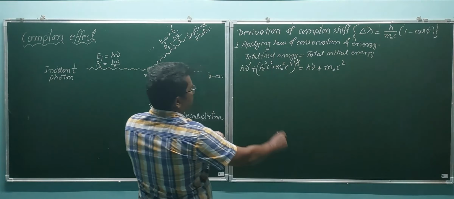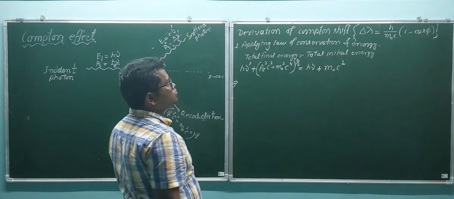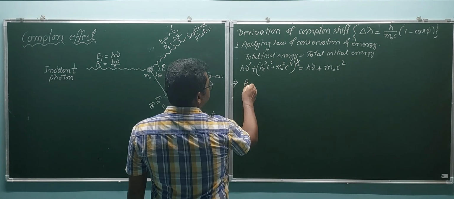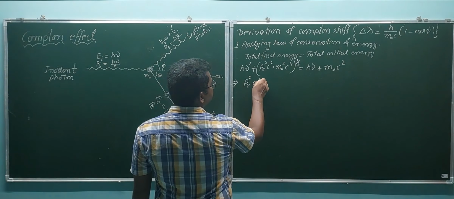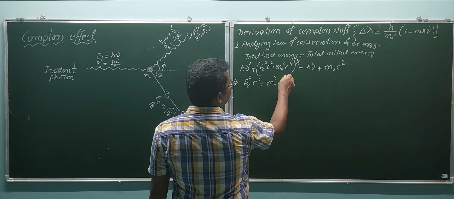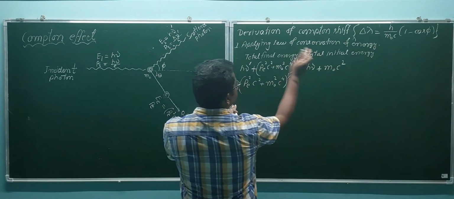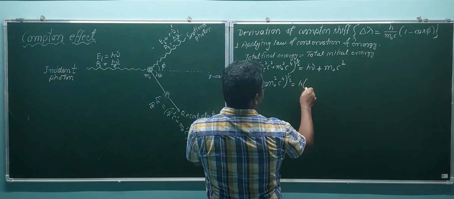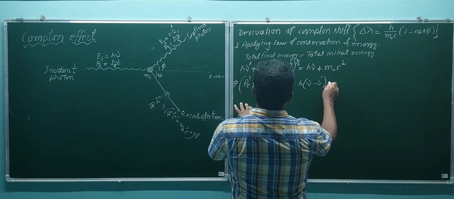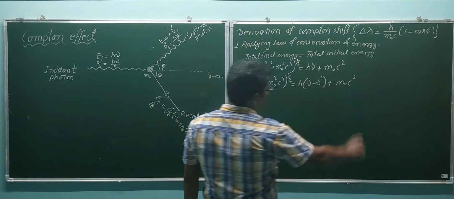Now we do simple mathematics to simplify. Here pe square c square plus m naught square c to the power 4, whole to the power half, is equal to, transferring this side, h into nu minus nu dash, plus m naught c square.